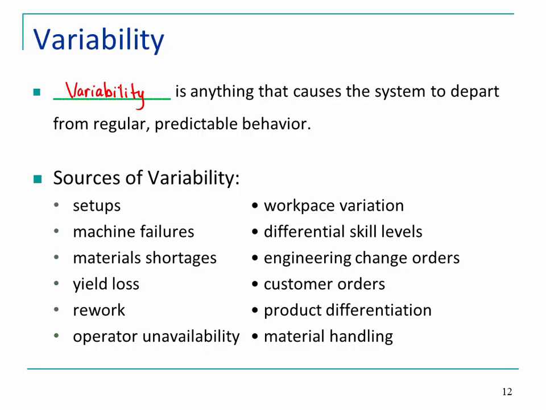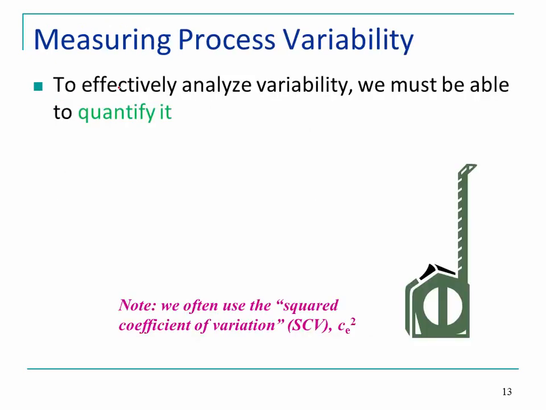Okay, so as you can see, there's a lot of things that can affect your manufacturing process, and we need to take those into account when we are trying to model our process. Okay, so in order to be able to analyze our process, we need to take into account variability, and we must be able to quantify it. Okay, so now I'm going to start writing some of the equations that we're going to be using for that purpose.